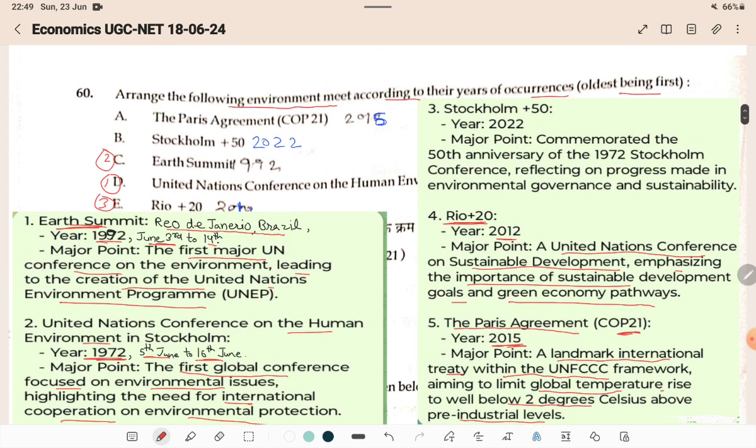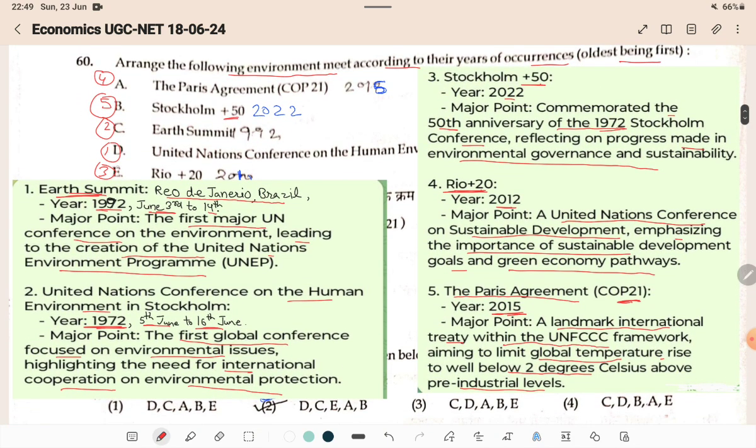So the Paris Agreement COP21 will be the fourth one, and the last will be the fifth, Stockholm plus 50, year 2022. The major point was that it commemorated the 50th anniversary of the 1972 Stockholm Conference, reflecting on progress made in environmental governance and sustainability.